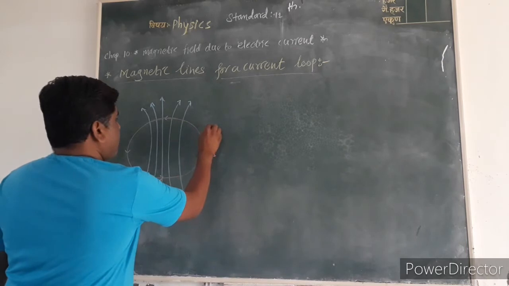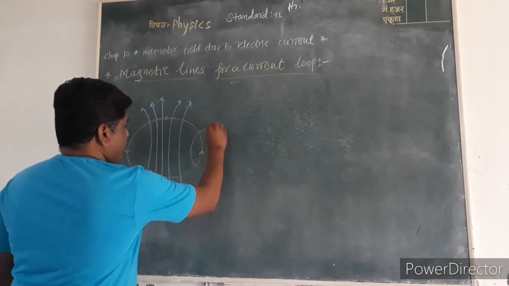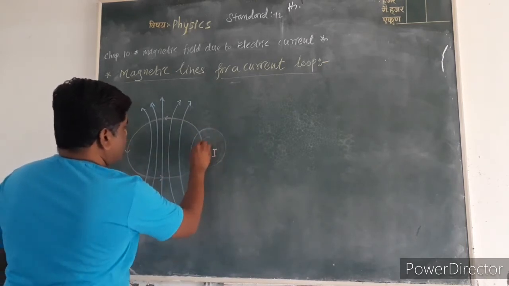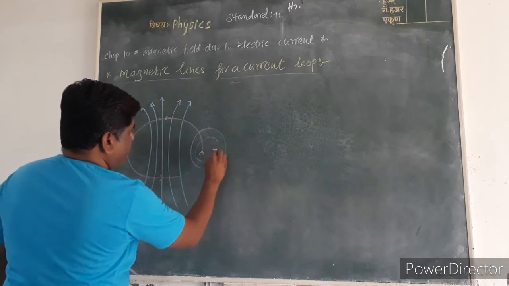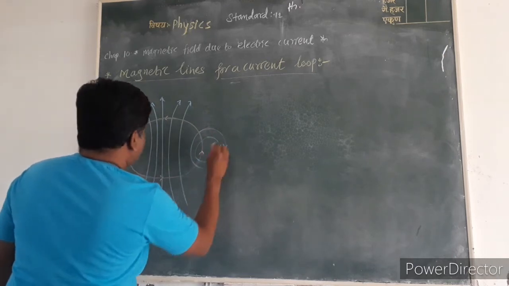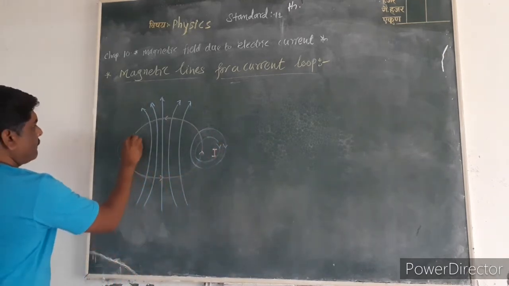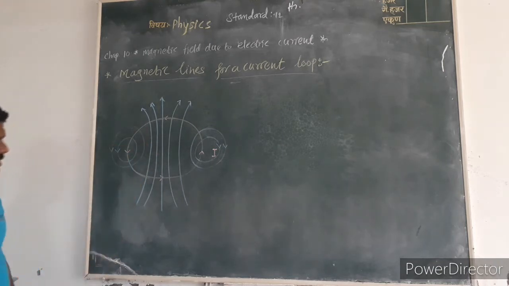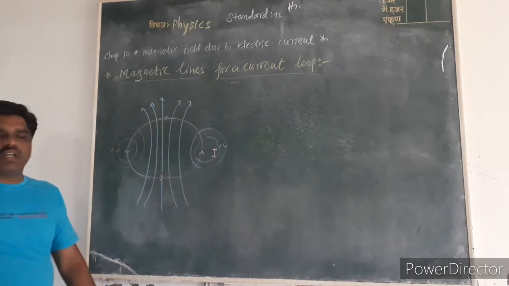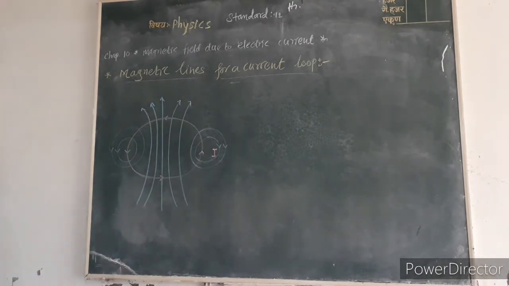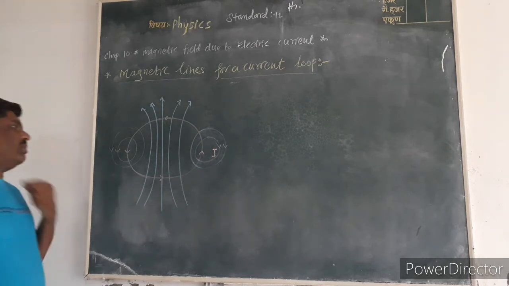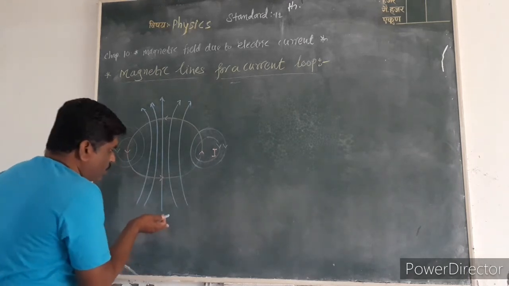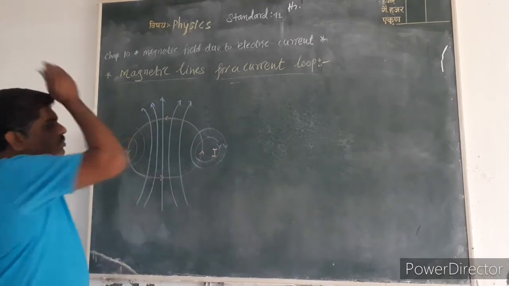Also, these circles show there is production of magnetic field, and this arrow gives the direction of magnetic lines. The direction of magnetic lines is from the lower side to the upper side.